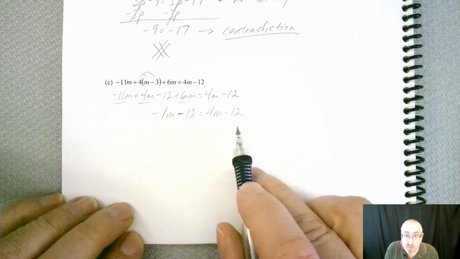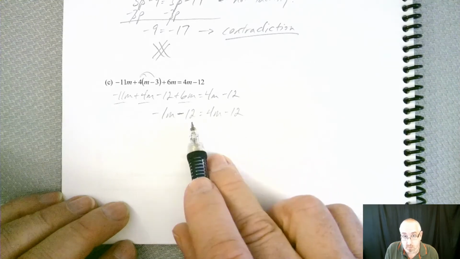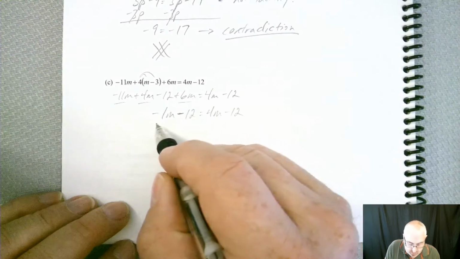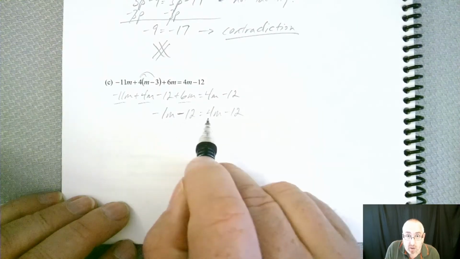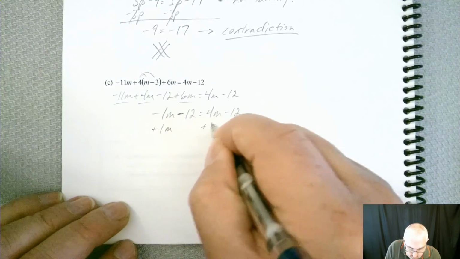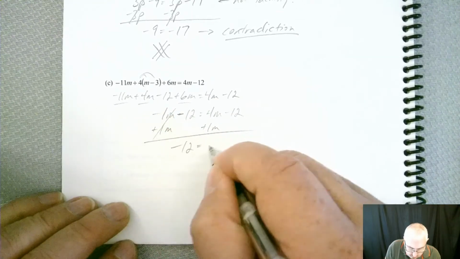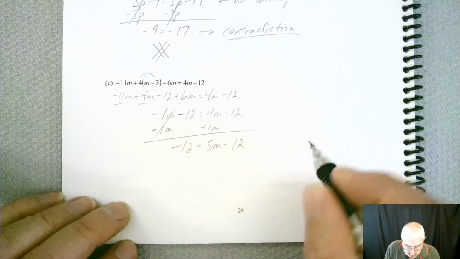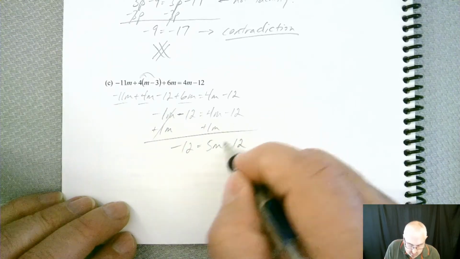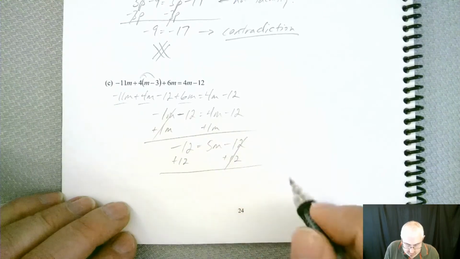All right, so now at this point, let's work with our m's. They're not the same. The numbers look, well, they are the same, but we got to combine our letters though. So minus 1 is smaller than positive 4, so let's add 1m to both sides. So we got negative 12 equals 5m minus 12. And now we got to get rid of all this stuff attached. So let's add 12. The 12s cancel.